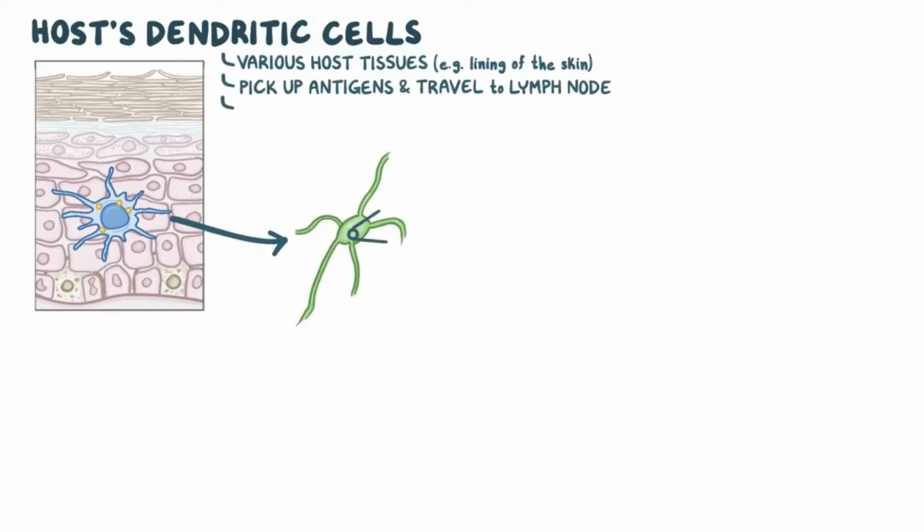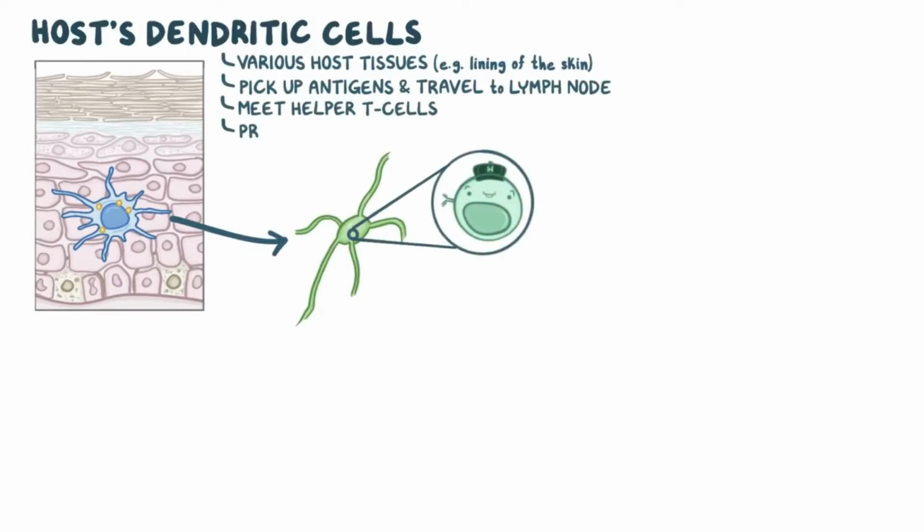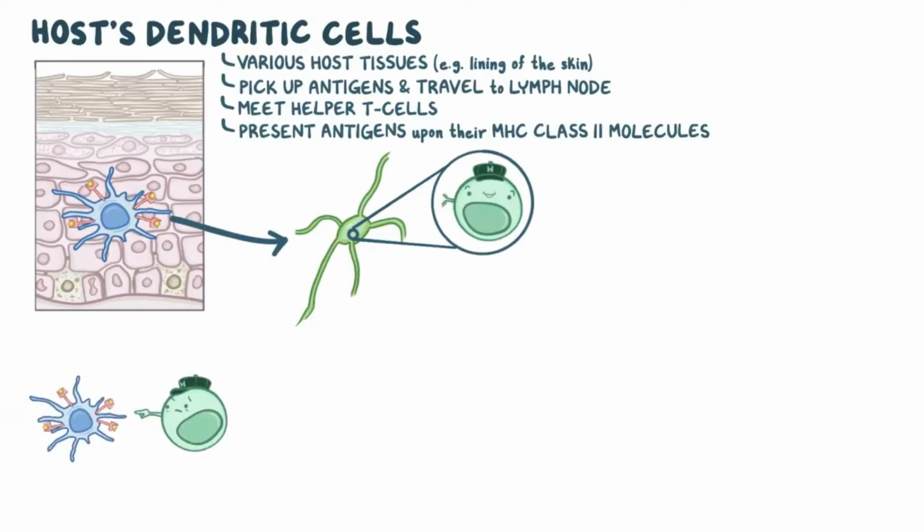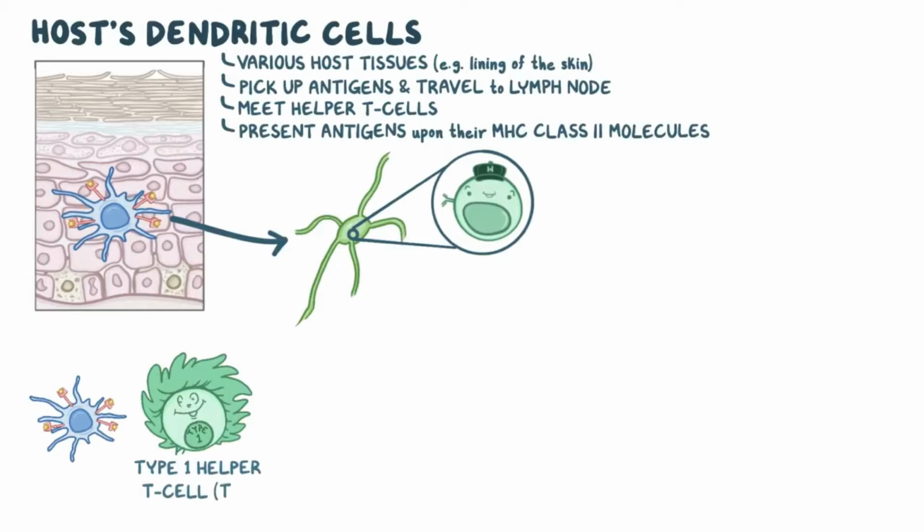That's where they meet with helper T cells and present those antigens upon their MHC class II molecules. If the donor helper T cells recognize these antigens as foreign, they differentiate into type 1 helper T cells.